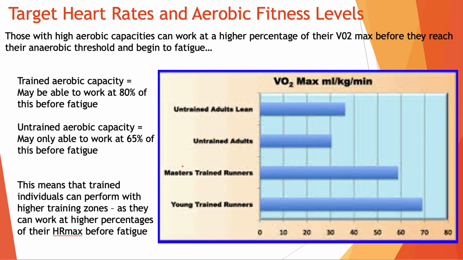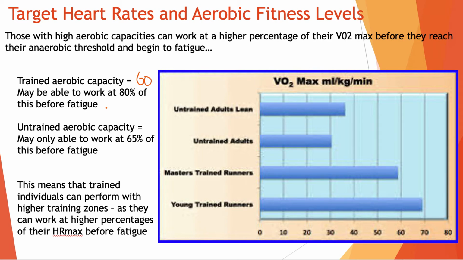A masters athlete is an older athlete, and then a younger trained runner. So by looking at this, we could say that a general trained aerobic capacity might be something like 60 millilitres per kilogram per minute. Now, this trained individual might be able to work at 80% of that before they're starting to reach their anaerobic threshold, and therefore before they're starting to fatigue.